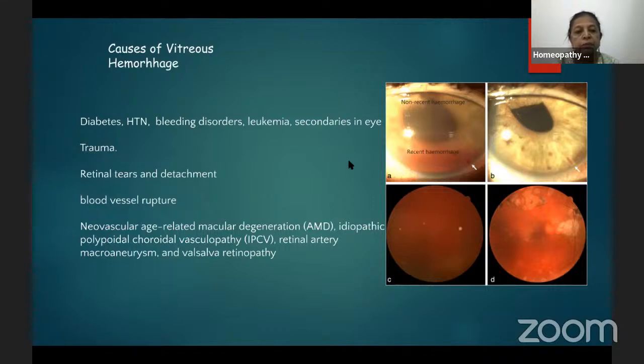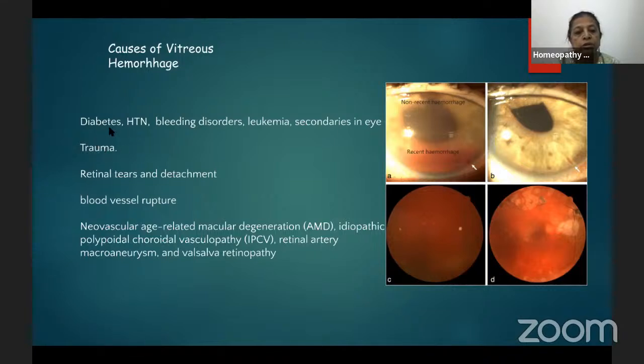And of course, in systemic causes also, we have to ask about asthma, or some pressure in the abdomen, like for example, severe coughing or sneezing. That part you have to always ask, and whether the person is doing the Valsalva technique, that also can lead to hemorrhage in the eye.